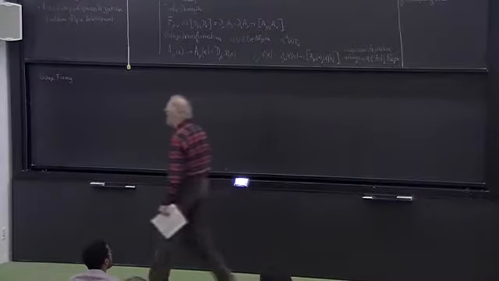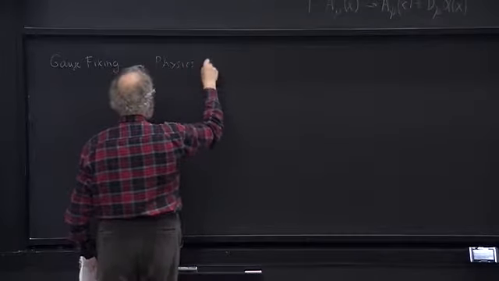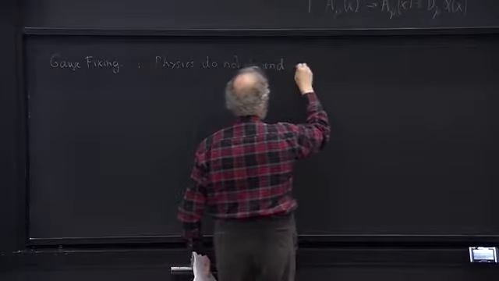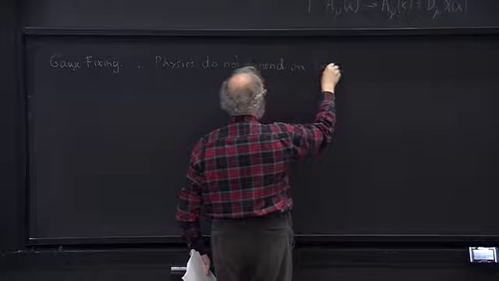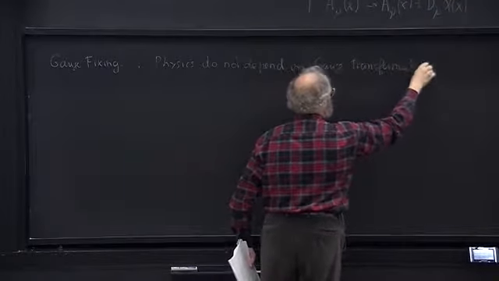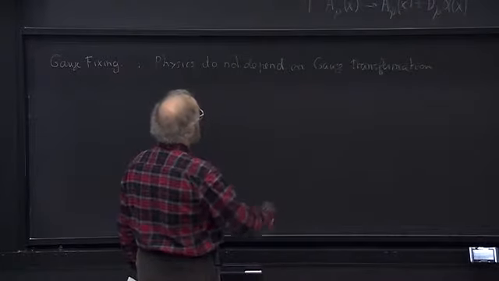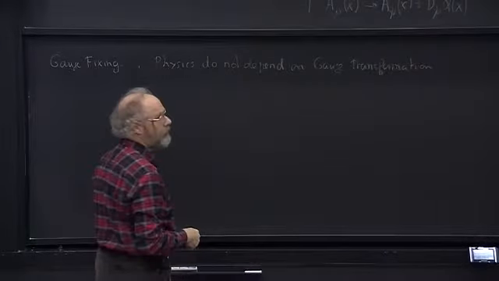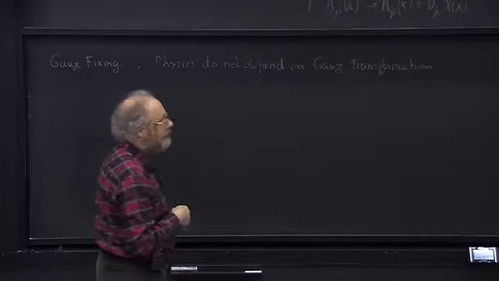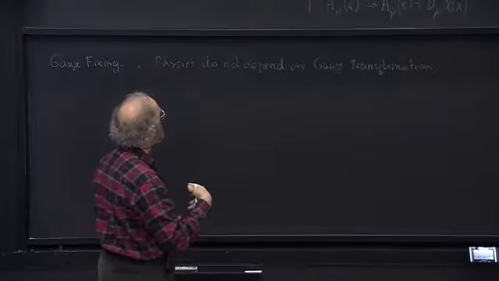So the physics does not depend on performing gauge transformations. It's exactly like for the Maxwell theory. In fact, it's because the theory has this symmetry under this group SU2. It's convenient to re-express the physics in terms of a vector potential, because that's a good way to encode the physical degrees of freedom.